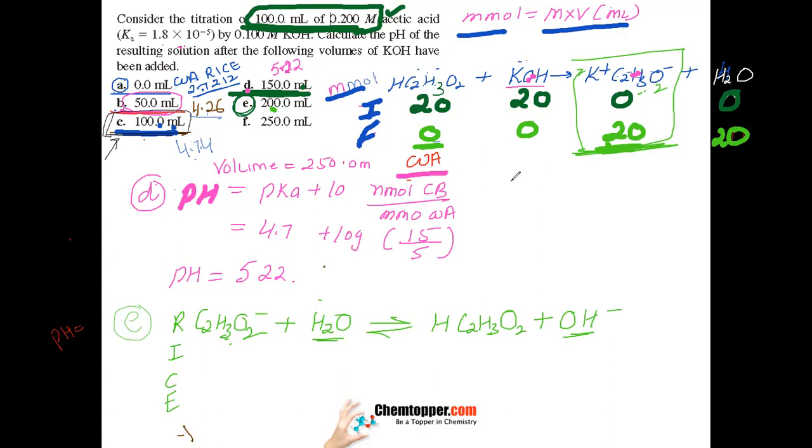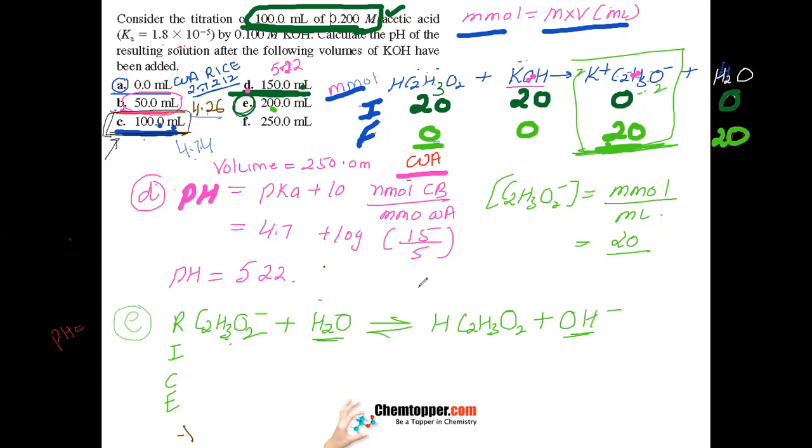So what is the concentration of this weak base? The concentration is defined as molarity. It is millimoles divided by volume in milliliter. How many millimoles? 20. How much is the total volume at the E point, children?